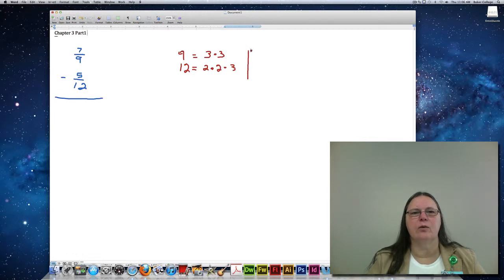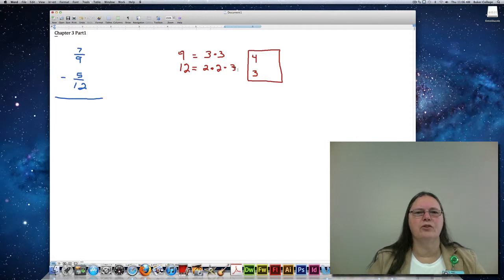We're going to look at what they don't share in this box, okay? And that's going to tell us some information we need. They both share a 3, which is great, but the 12 is missing a 3, so we have to put the 3 here. Now they both have 2 3s in it. The 9 doesn't have any 2s, so this is where we're going to put our 4, or both the 2s, however we want to look at it.